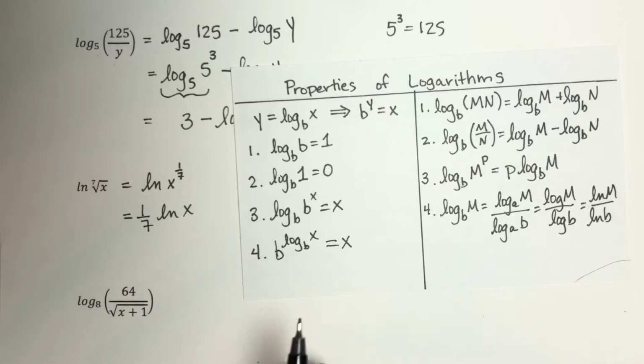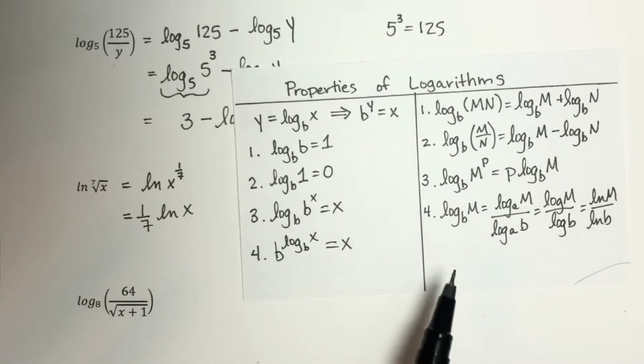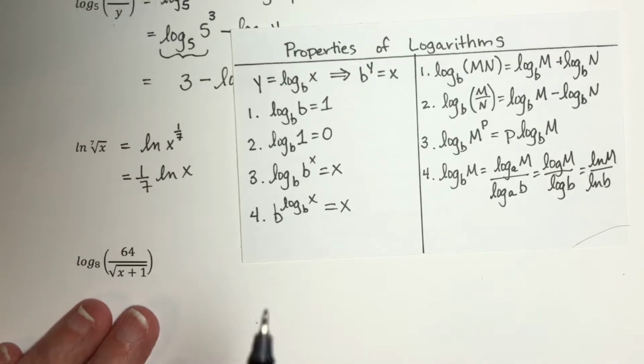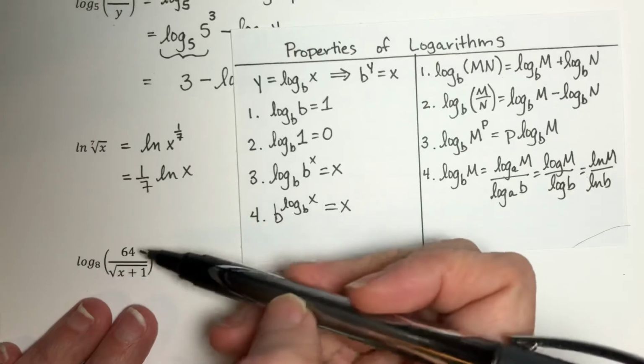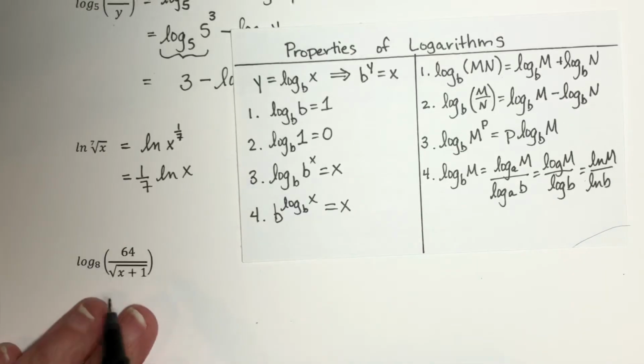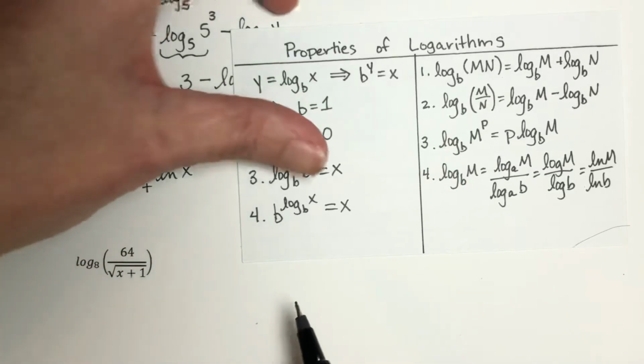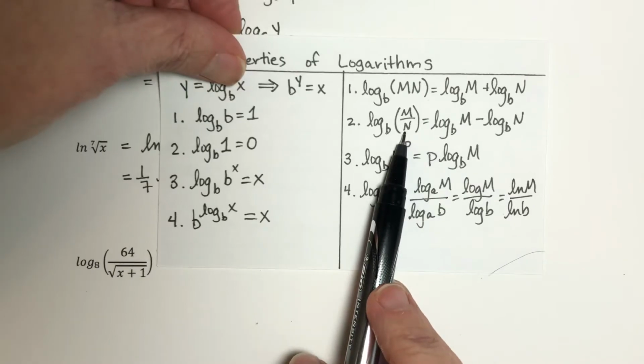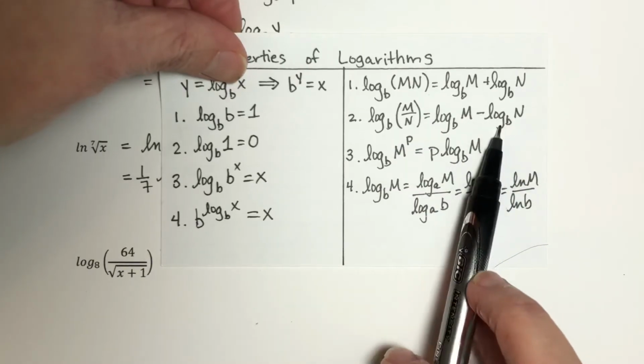Okay, so now you've seen each of our main transformations used in isolation, but in general, they are going to be much more complex. So if you look at this right here, I have fractions. I also have an exponent here with a square root. So I have a lot going on. The first thing I'm going to do is use this division rule so I can split it up into 2 different logs.